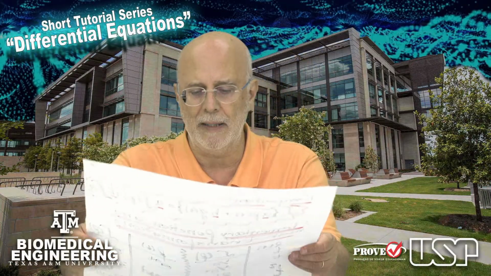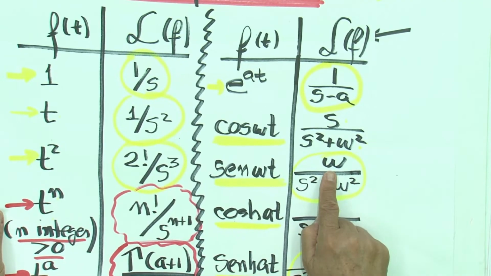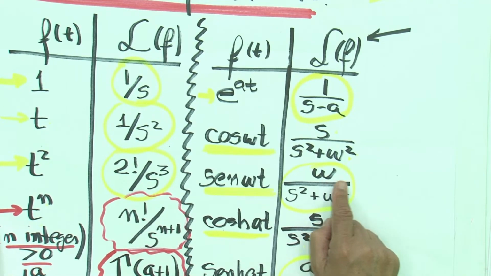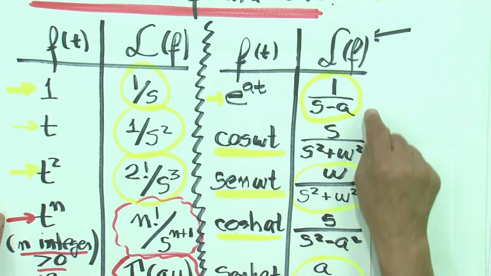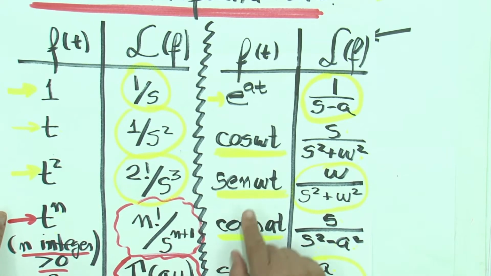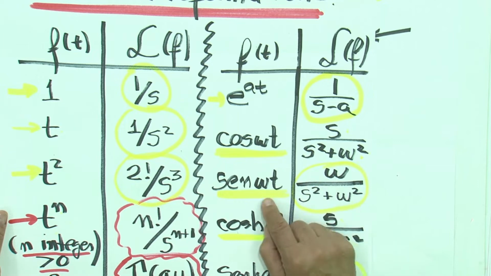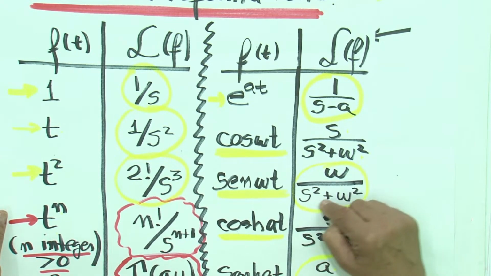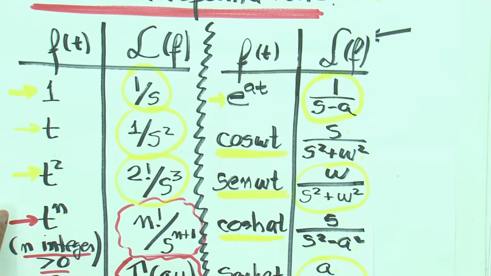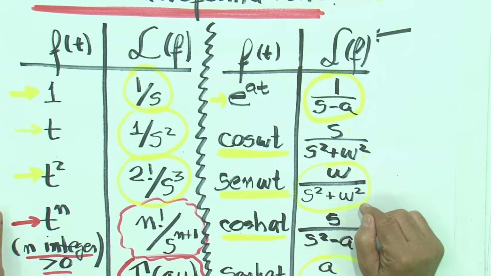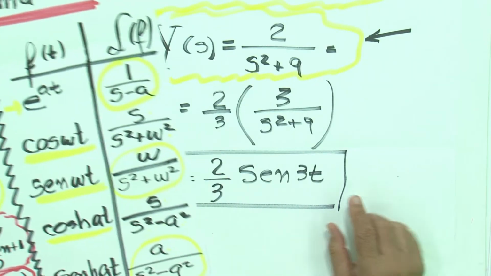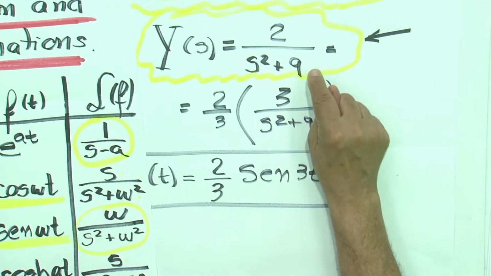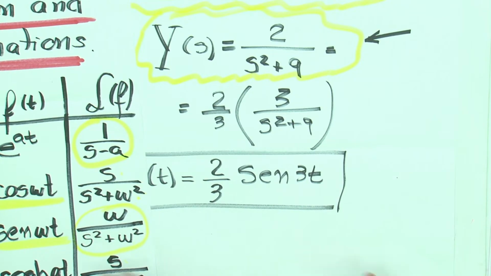And if I look at my table, this function looks closest to the one I want, because the Laplace transform of the sine function of omega t is omega divided by s squared plus omega squared, right? So only by looking at this table, I already identified that this probably has to do with a sine function.